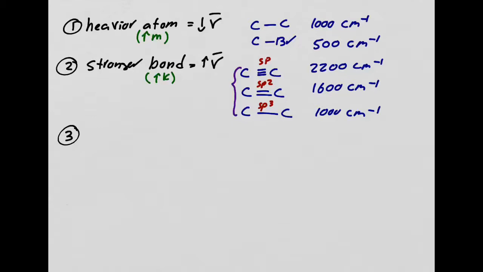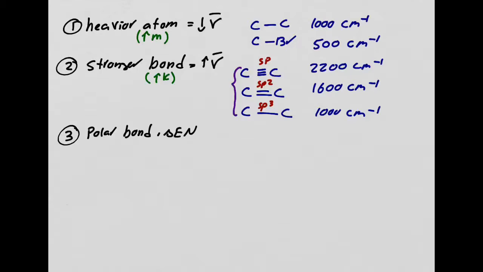Now, let's talk about polarity. If you have a bond that is very polar, what does that mean? If you have a bond that is polar, that means they have a different EN value. They have a large EN value, right?